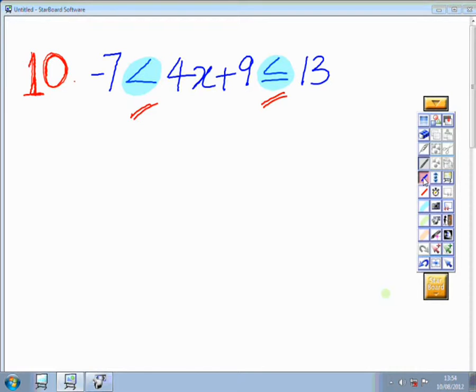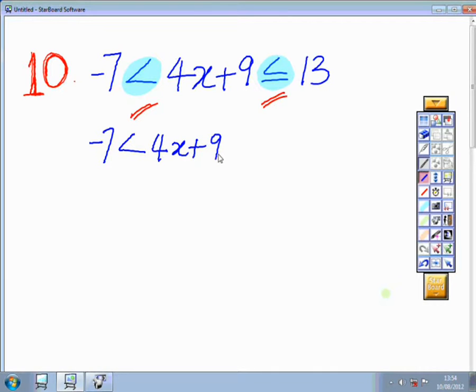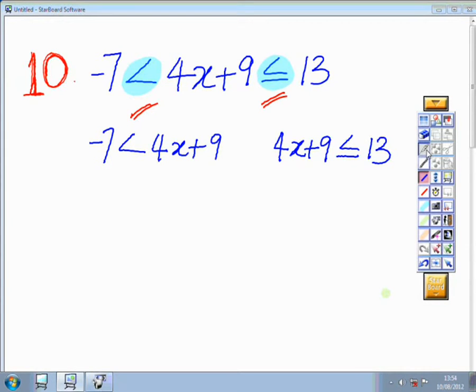So here we go. The two inequalities involved are minus 7 is less than 4x plus 9, and of course 4x plus 9 is less than or equal to 13. These are the inequalities that we are going to solve independently.